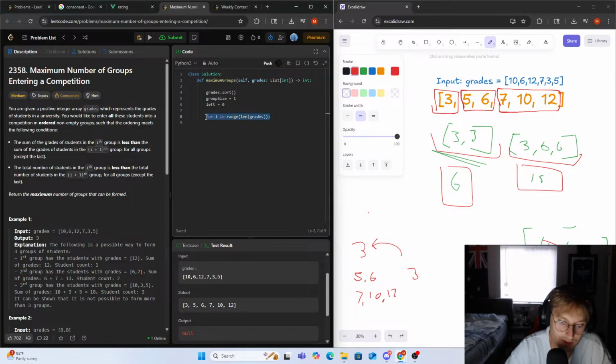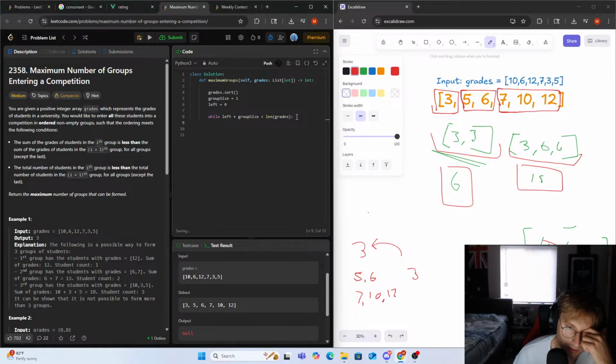Maybe it would be a while instead. While left plus group size is less than or equal to the length of grades. So we do left 0 plus group size, the size that we're looking at, is less than or equal to the length of grades. Length of grades is 1 longer, so I believe we would do less than length grades.